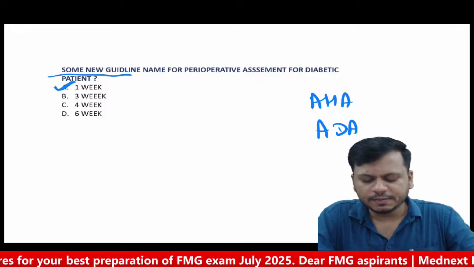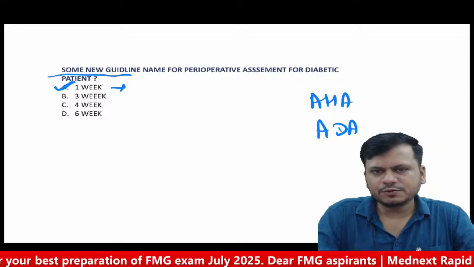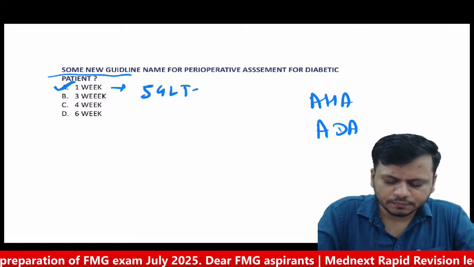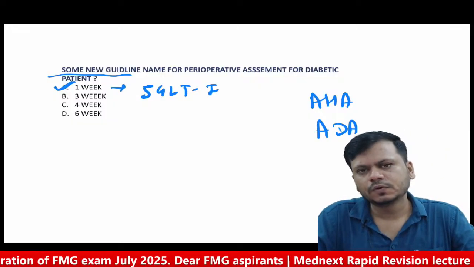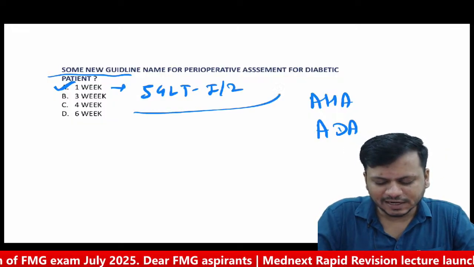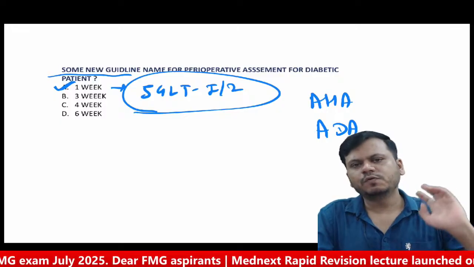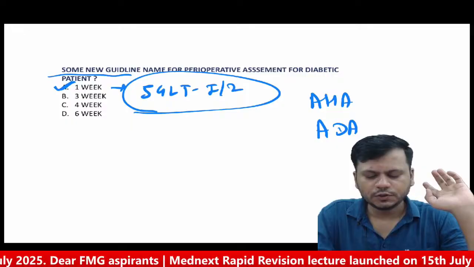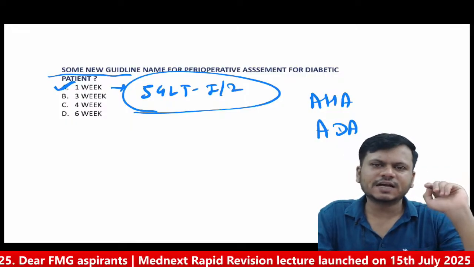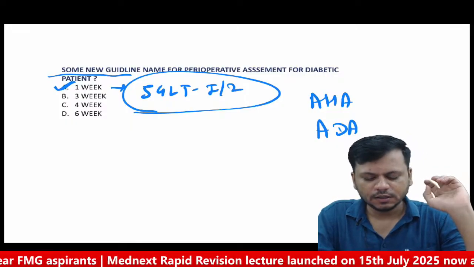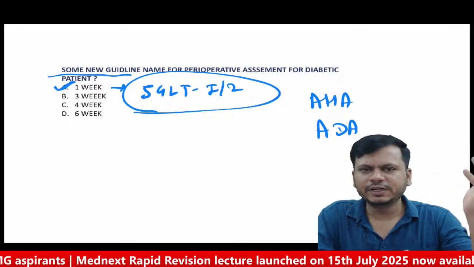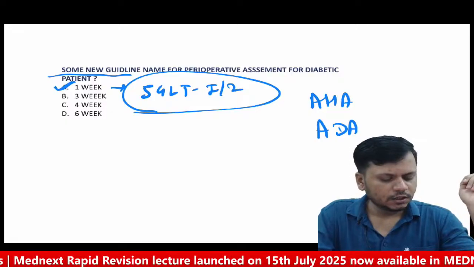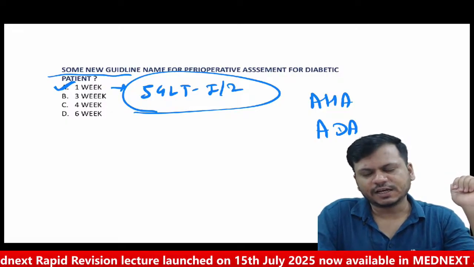Irrespective of the guideline name, we can stop SGLT 1 or 2 drugs 1 week before. Reason: to prevent aspiration. So irrespective of the guidelines, the answer will be 1 week. The closest is this one only, so 1 week is the answer. Do let me know in the comment which guidelines were there in this.